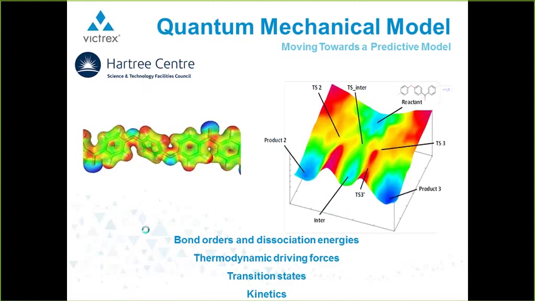This is beyond my brain, but what it does is create an energy map, and you can see that the high energy states are colored in red and the low energy states are colored in blue, and this therefore predicts the resultant products which you would get from any interaction of the polymer with an environment.